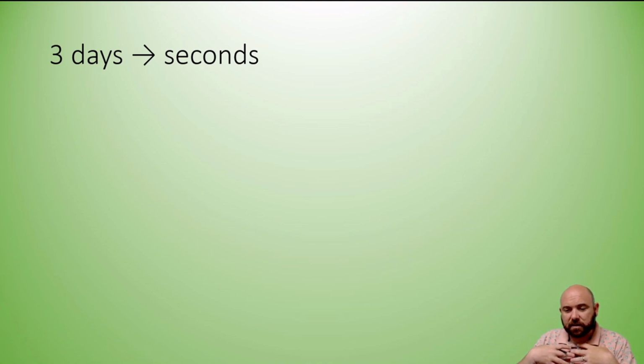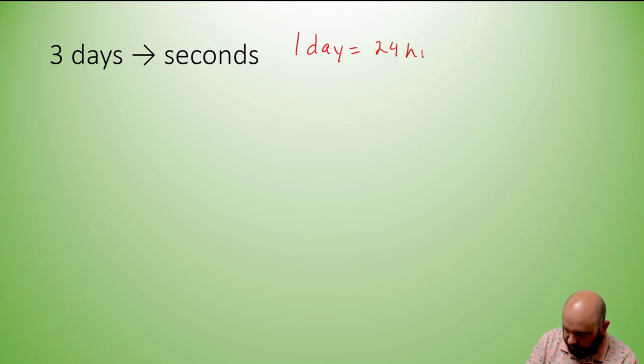I personally don't know the day to seconds conversion relationship, but I do know a few different relationships that will help me go from the day unit down to the second unit. And I will start by listing those out. So I know that 1 day is equal to 24 hours.